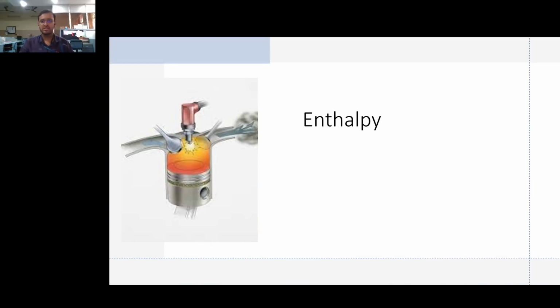So, in the last class, I talked about a concept called enthalpy. I mentioned enthalpy to be a combination property of internal energy plus pressure energy.